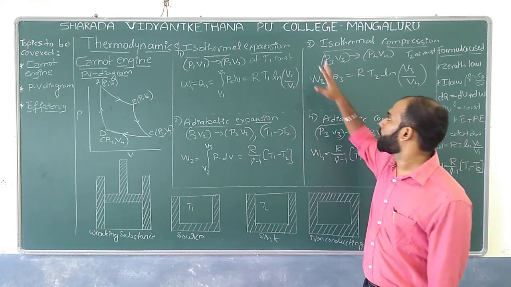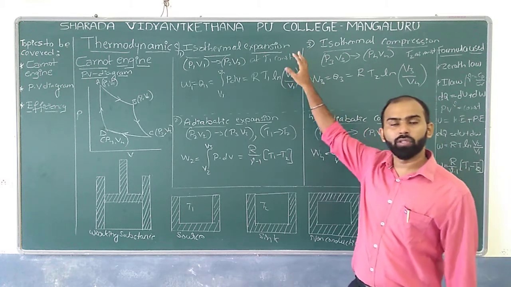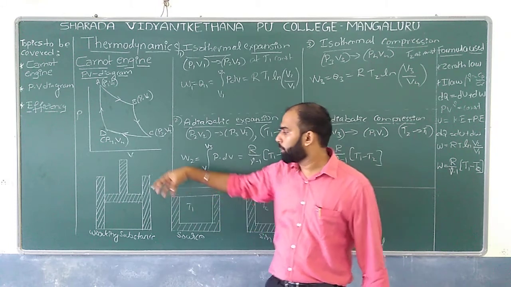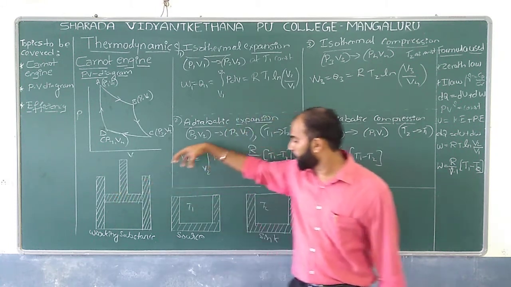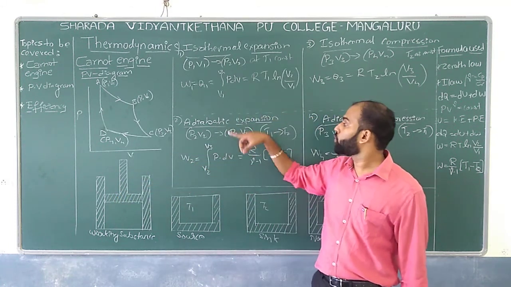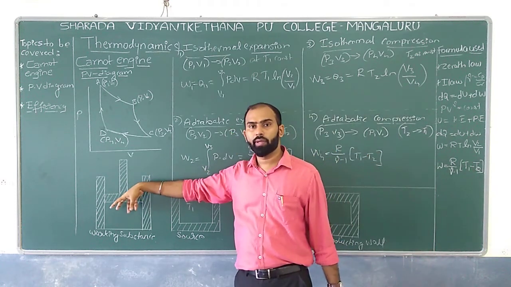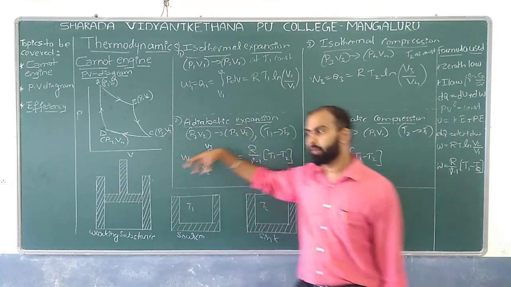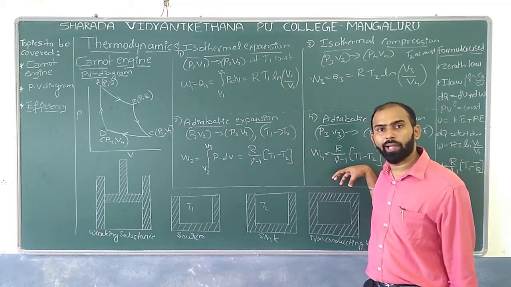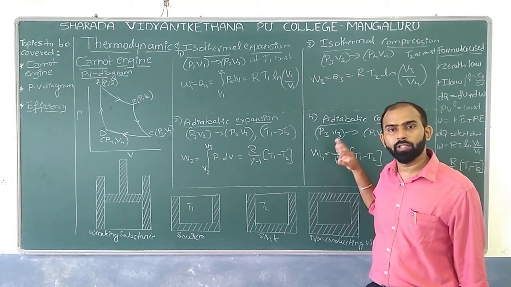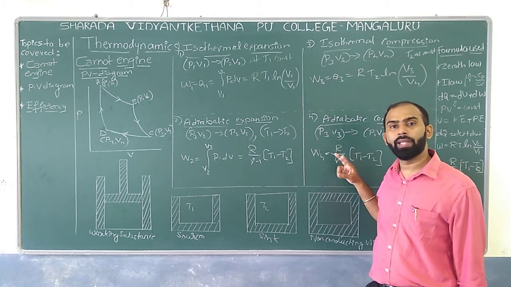Well, these four are different parts of the Carnot engine which we are supposed to remember, and these four are, initially, isothermal expansion. Means how to get isothermal expansion? Your job is to take your working substance and keep it on the source. How to do adiabatic expansion? Once again you are supposed to take this working substance and keep it on the top of a non-conducting stand. Why? Because an adiabatic process is a process in which there should not be an exchange of heat.